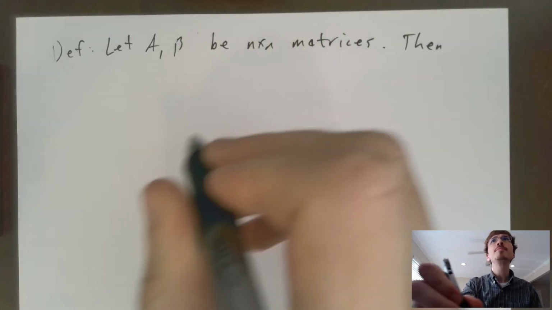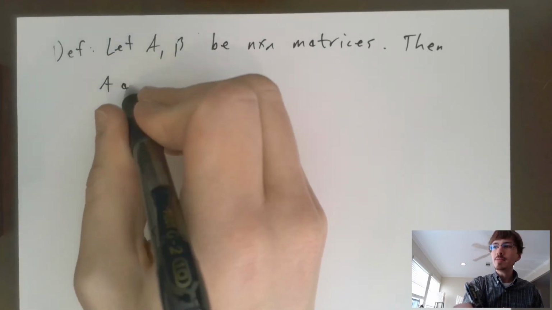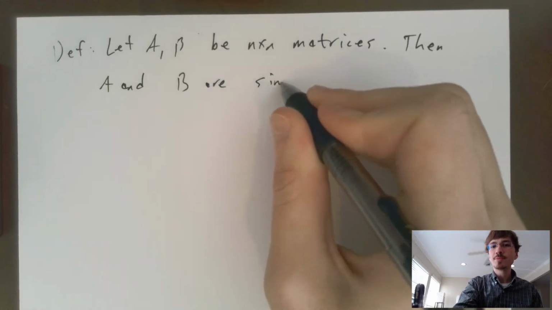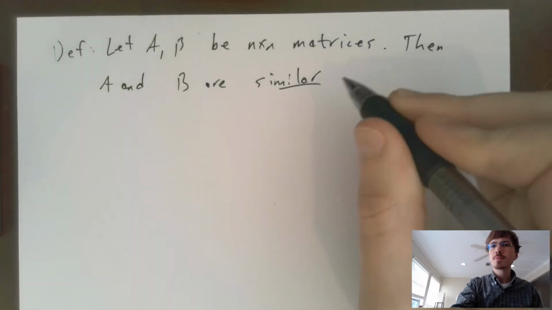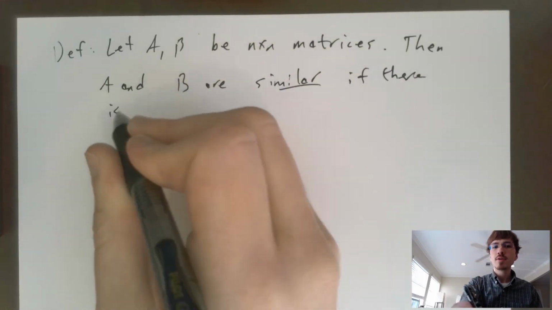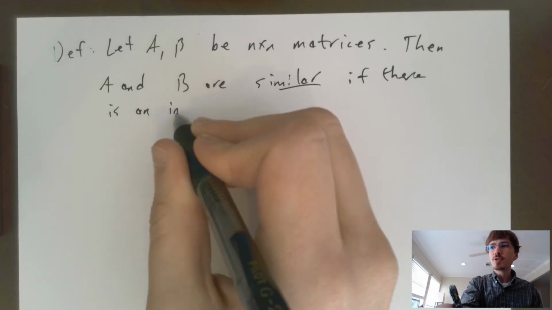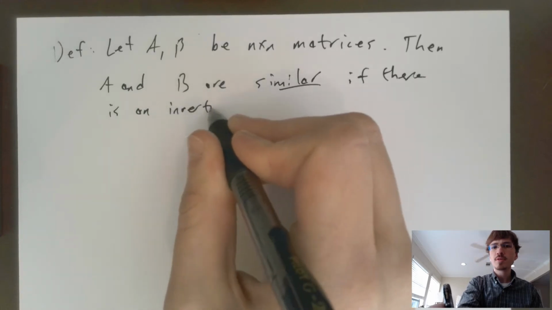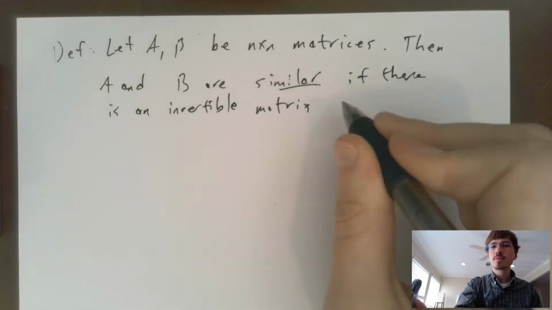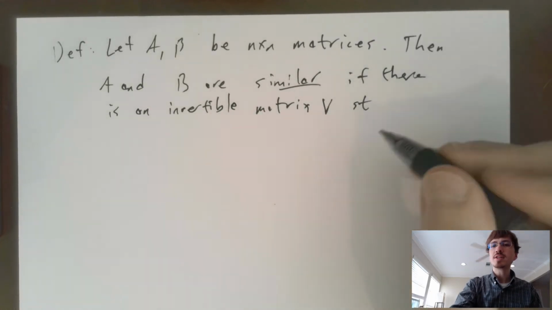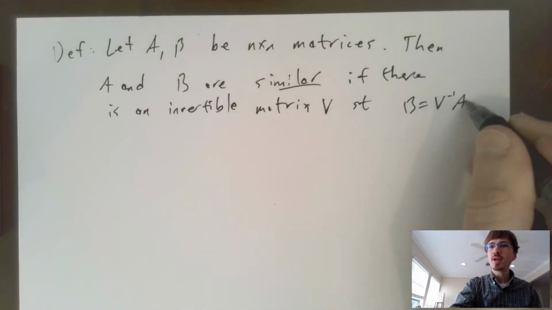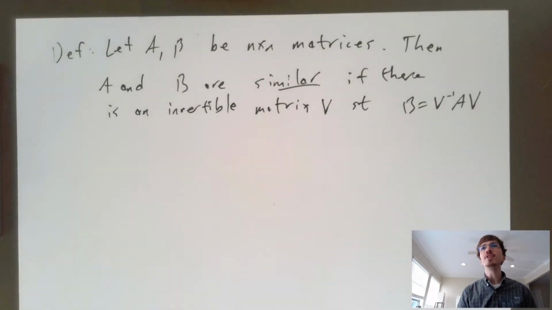Then A and B are called similar if there is an invertible matrix called V such that, ST means such that, B is equal to V inverse A times V.